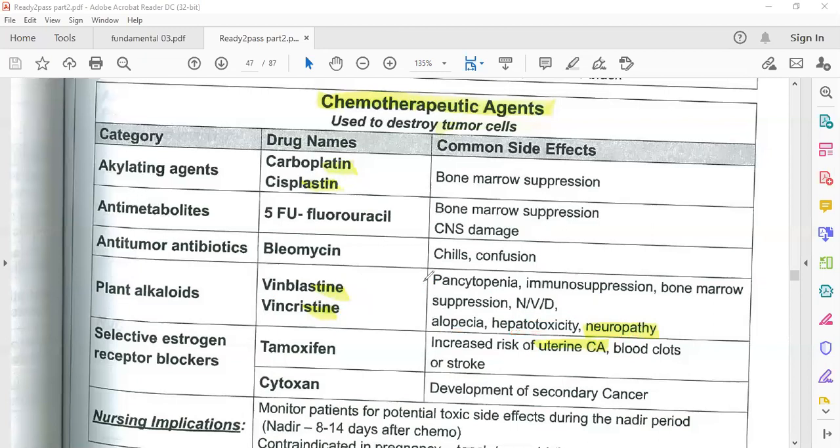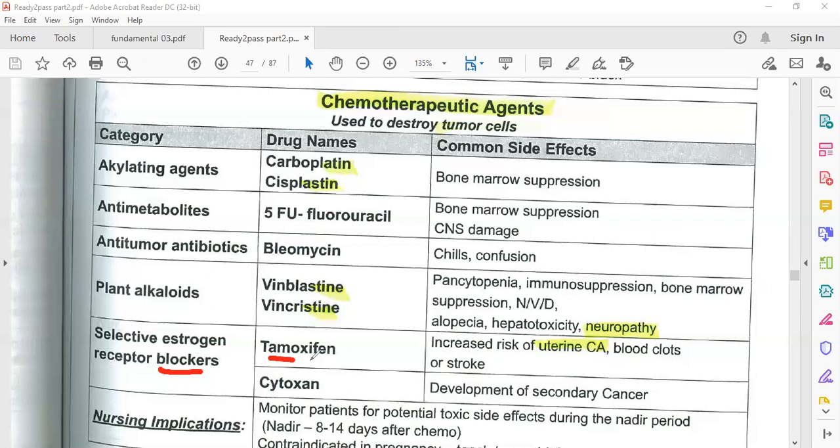Another medication we use as a chemotherapeutic or antineoplastic are selective estrogen receptor blockers. They block the receptor, right?